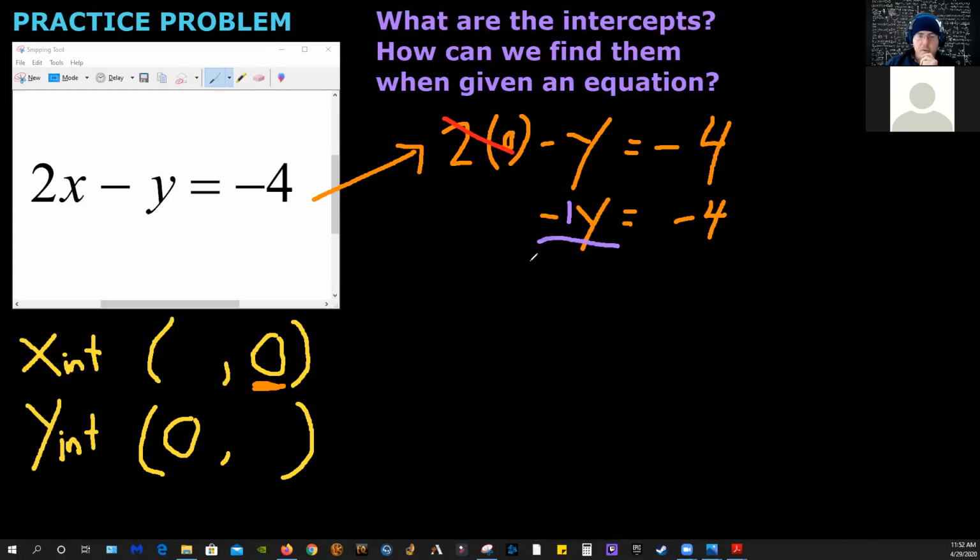So if we divide by negative 1 on both sides, anything divided by itself is equal to 1. So it leaves us with y equals negative 4 divided by negative 1, which would just be positive 4. So apparently when x is equal to 0, y is equal to 4. So there's our intercept.